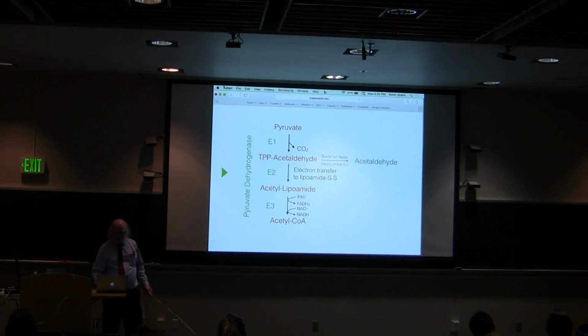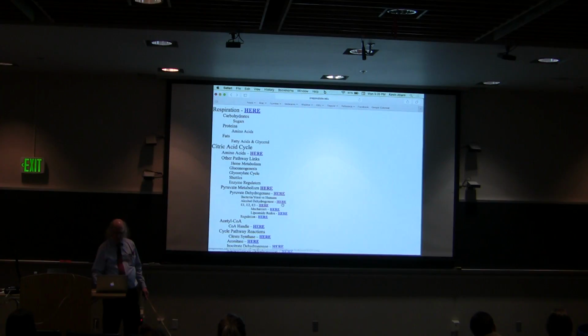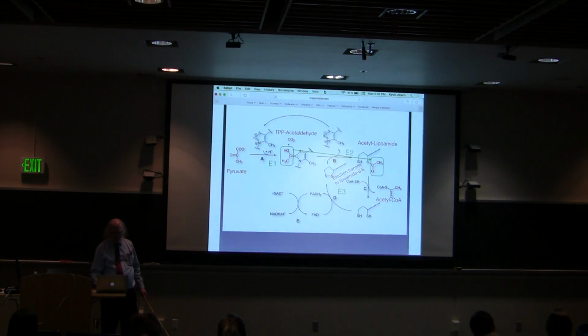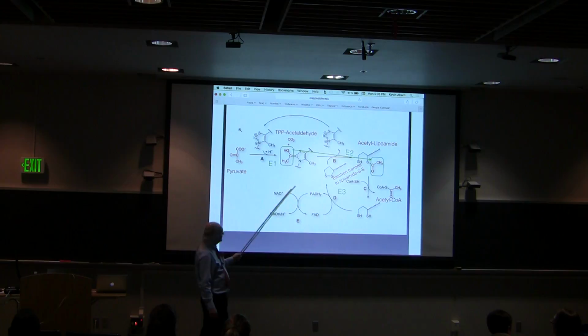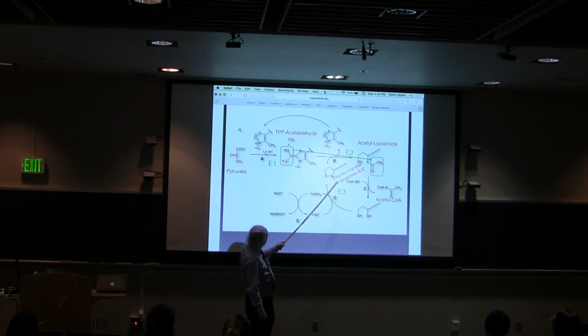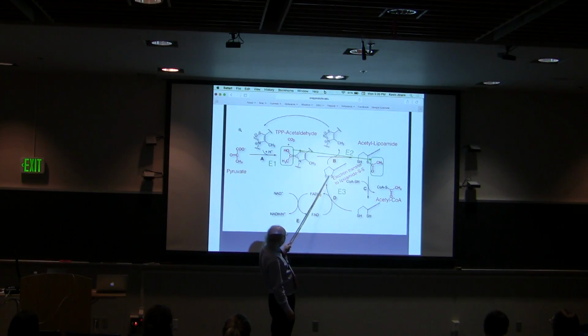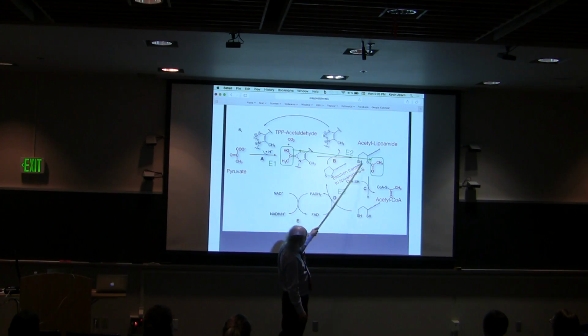Okay. All right. So that's what's happening in the pyruvate dehydrogenase reaction. There's a mechanism, which, as I said, I'm not going to go through, but you can actually see what's happening if you look at this, if that helps you to envision things. Here is, for example, the disulfide ring, which when it gains electrons, you see a sulfhydryl, and you see the acetyl group attached to it here.